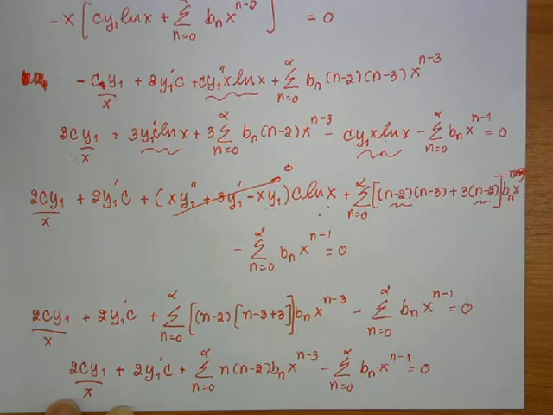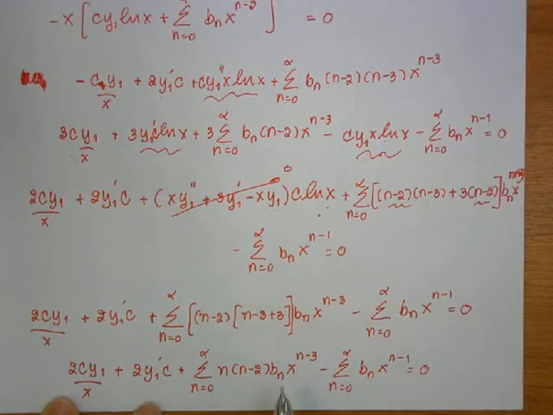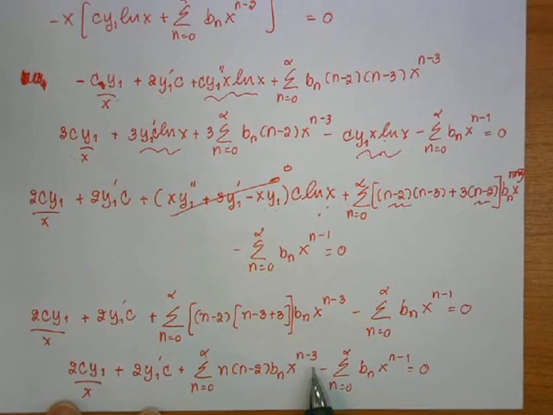And then, okay, next we try to combine these two terms together, but we can't yet because the power of x is different. So should we shift n minus 3 to n minus 1, or should we shift n minus 1 to n minus 3?